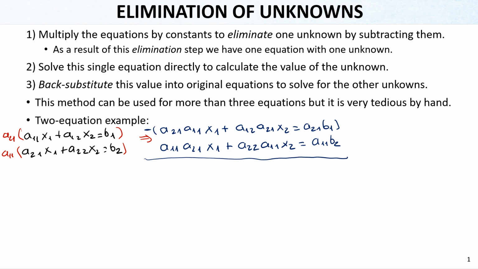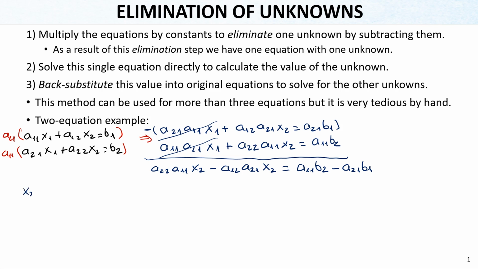What happens is you can see these will cancel out and the second terms will remain. So that's a22 a11 x2 minus a12 a21 x2 is equivalent to a11 b2 minus a21 b1. And here let's solve for x2.